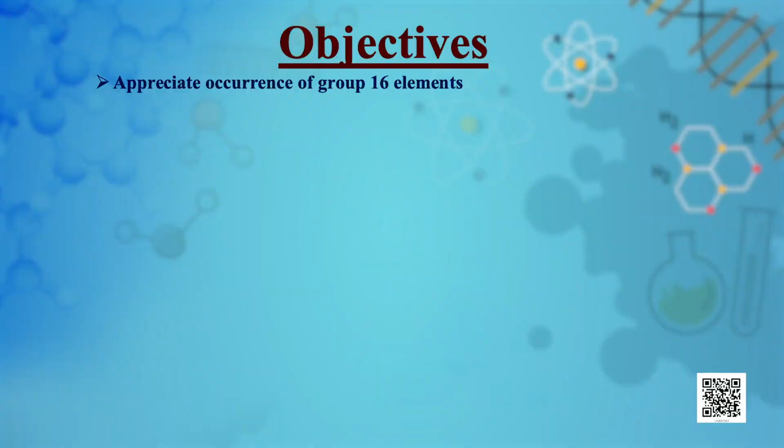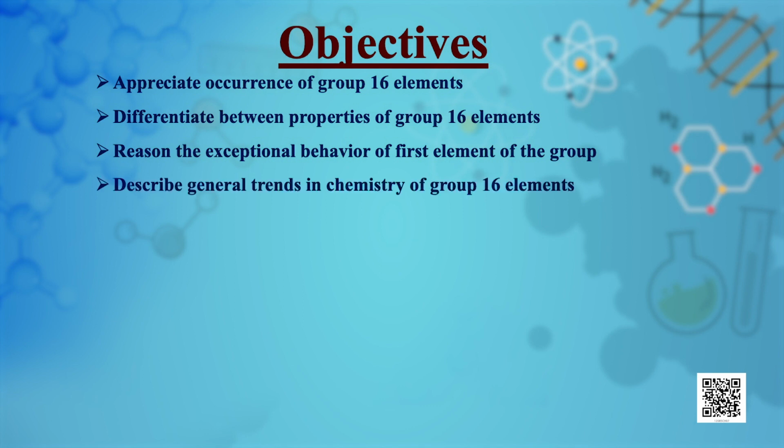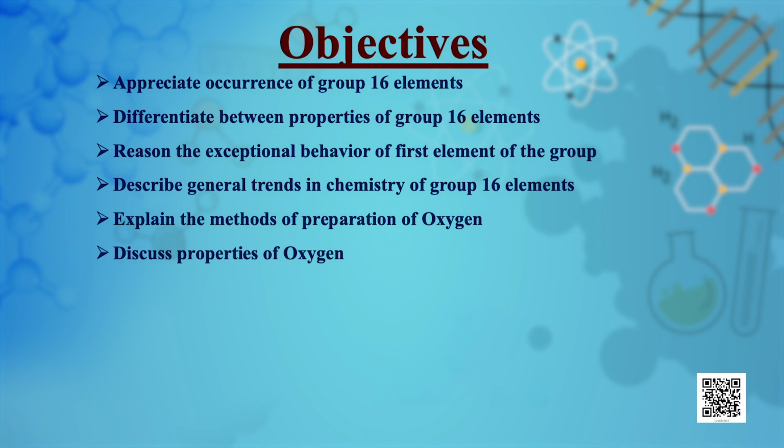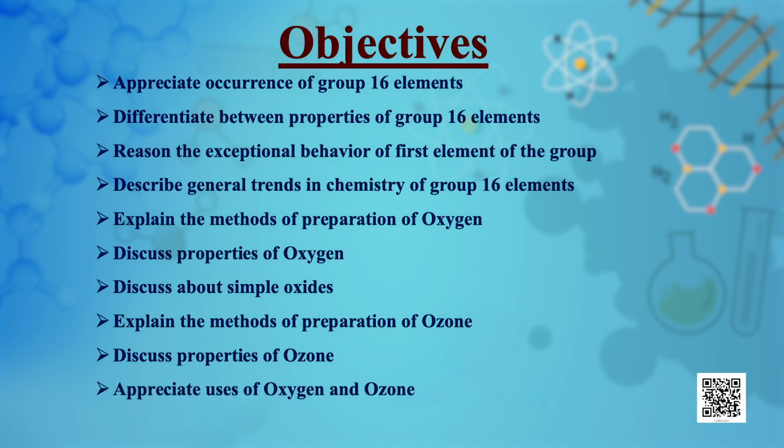After the discussion, you will be able to appreciate the occurrence of group 16 elements, differentiate between properties of group 16 elements, reason the exceptional behavior of the first element of the group, describe general trends in chemistry of group 16 elements, explain the methods of preparation of oxygen, discuss properties of oxygen, discuss simple oxides, explain the methods of preparation of ozone, discuss properties of ozone and appreciate uses of oxygen and ozone.